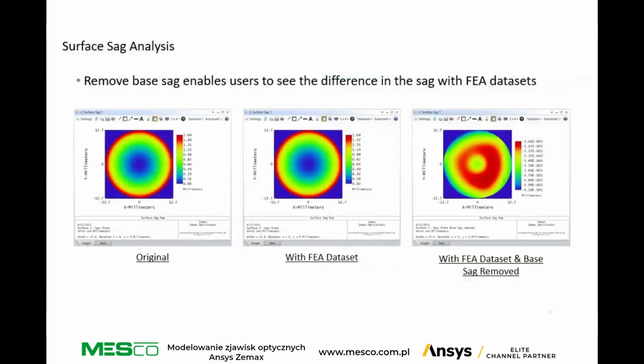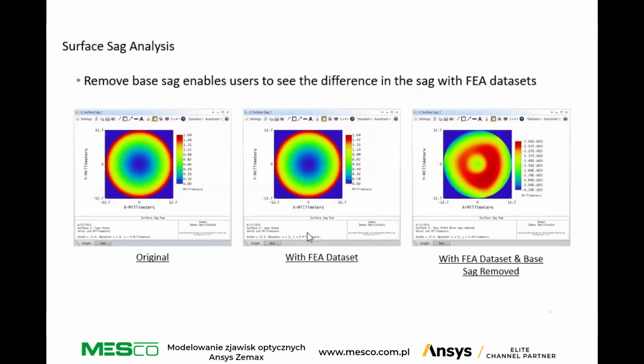Another important feature is the surface sag analysis. These are by default within Optic Studio, but the difference is that you can see the difference in the sag with this data set or without this. So in this case, this is the sag of a lens for the original system.